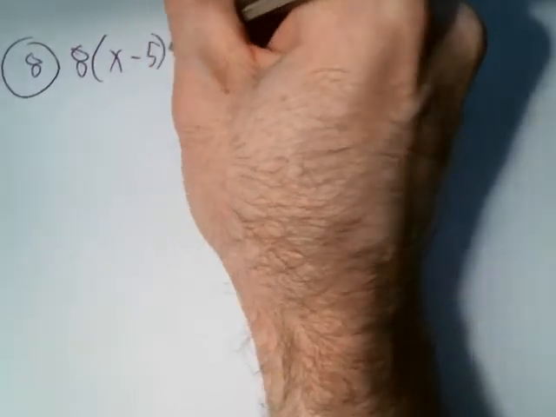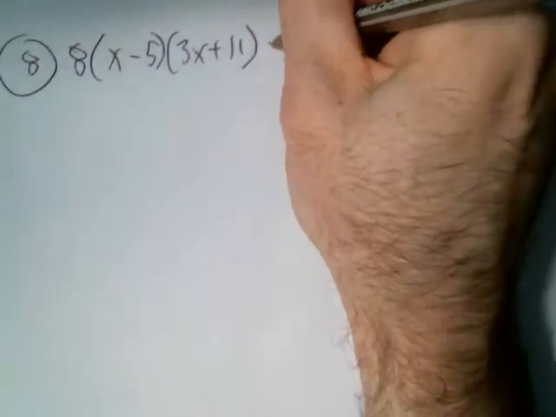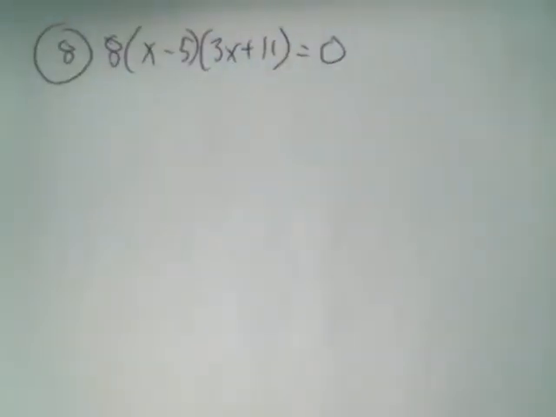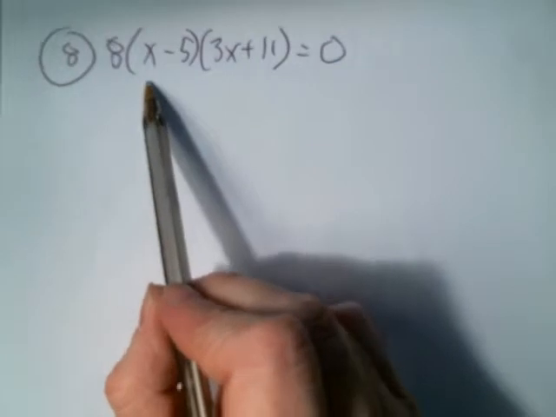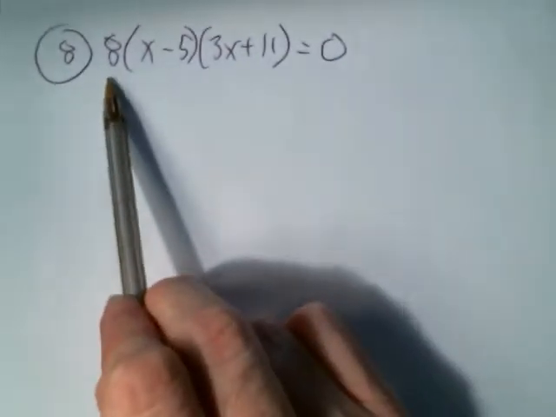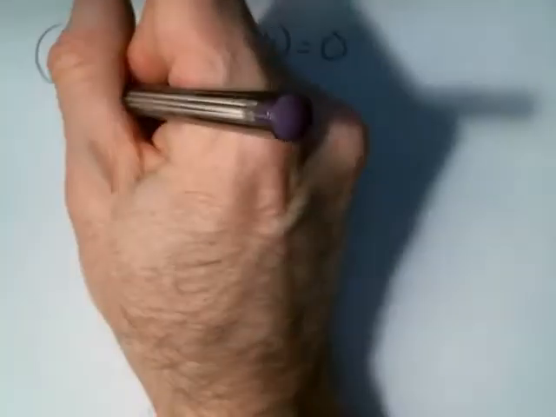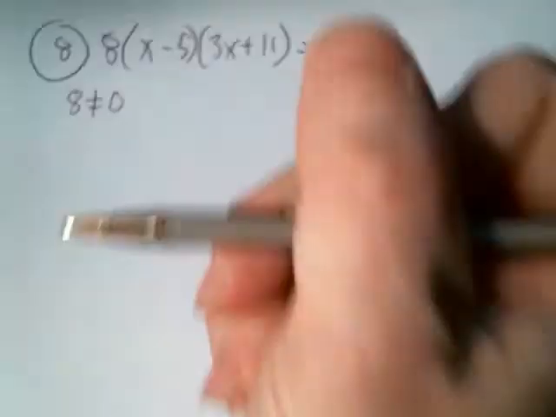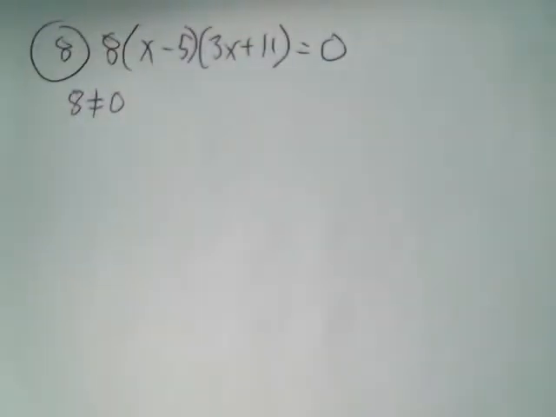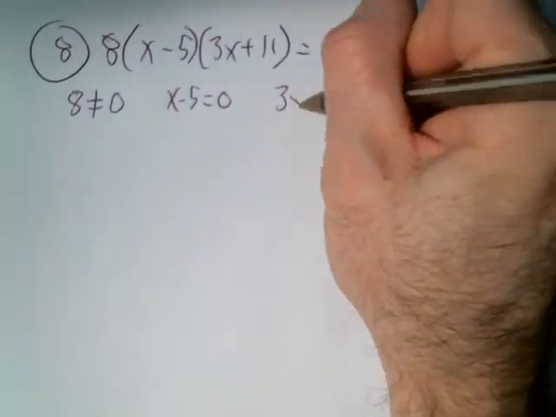Let's look at number 8. We have 8 times x minus 5 times 3x plus 11 equals 0. Okay, so here we have 3 factors: the 8, the x minus 5, and the 3x plus 11. You can disregard the 8. Okay. So 8 will never be equal to 0. So you can just throw it to the side and only worry about x minus 5 and 3x plus 11.